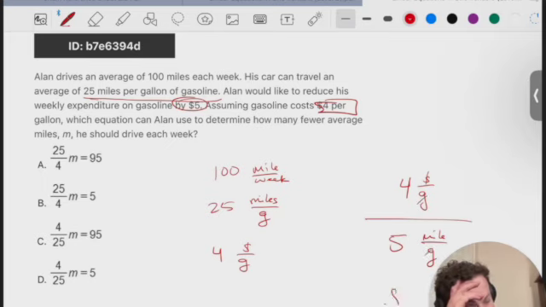It's 0.80 dollars per mile. That's not feeling right.